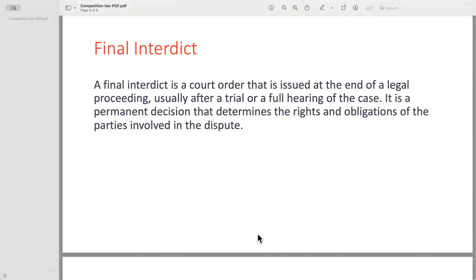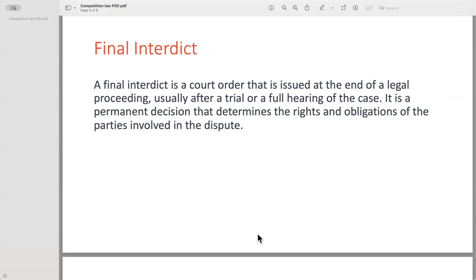Let's say, for example, we had proceedings going on in court, and then at the end of those proceedings, a permanent decision is taken by the court, which determines the rights and the obligations of the parties in dispute.